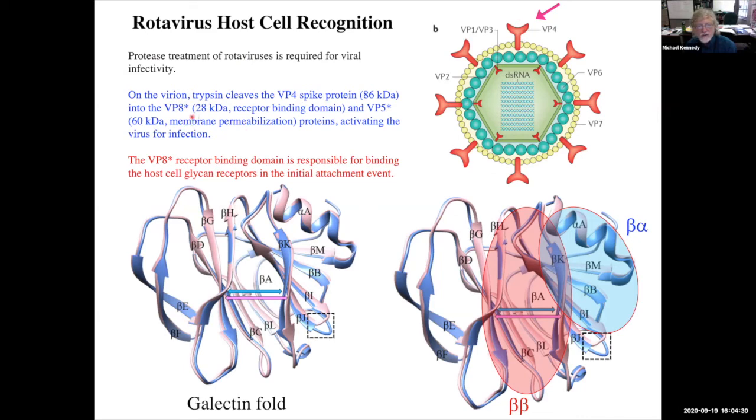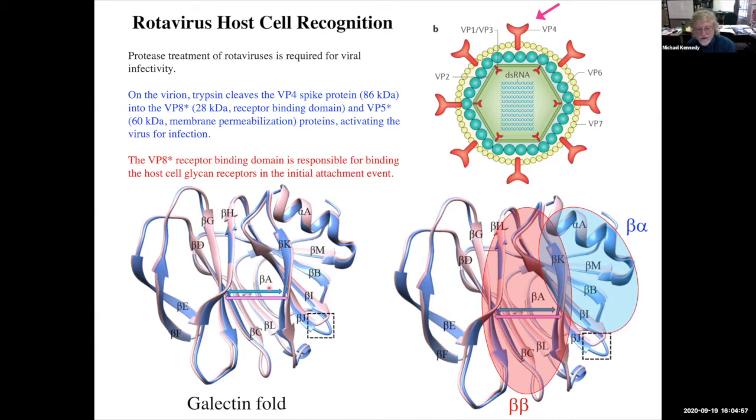So that protease action exposes this receptor binding domain, VP8 star, and then also VP5 star, which is a membrane permeabilization protein. So depicted here is the structure of the receptor binding domain of the VP8 star domain.